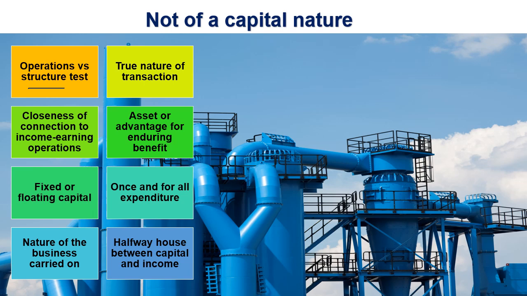But if I have to pay water and electricity every month to keep that factory running, that is going to be the cost of performing my income earning operations, and that will be revenue in nature. We also have the true nature of the transaction, and this one links back to what is the purpose of the expense.